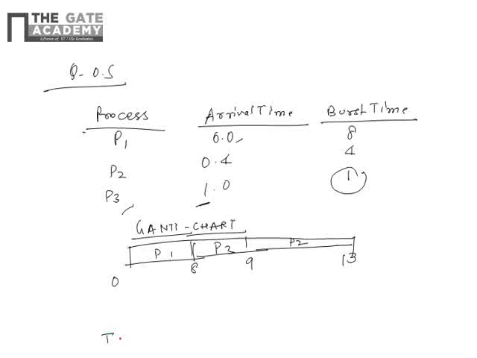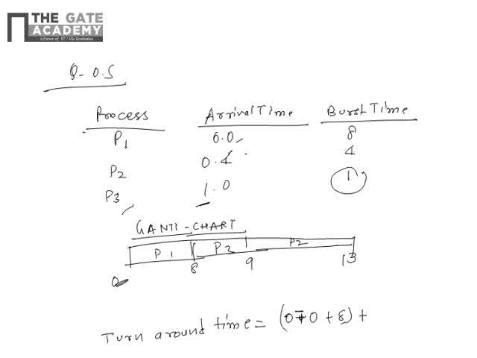So the turnaround time will be the time when you got the CPU minus when you arrived, plus your burst time. P1 got the CPU at 0 and arrived at 0, so 0 minus 0 plus 8.